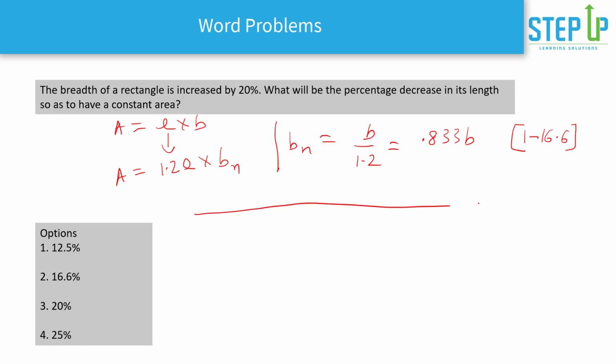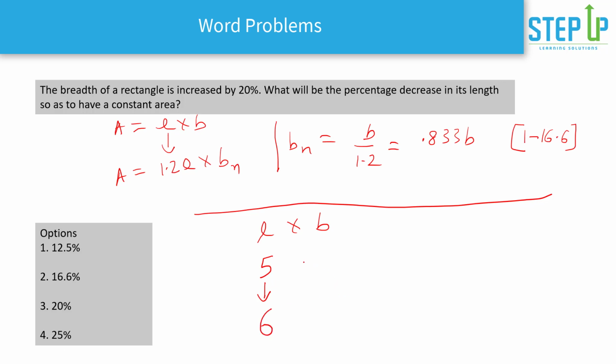Now, you know how I will go about this question? I will not approach it like this. How I typically do is the moment I see 20%, so I'll say length into breadth, and they say it has increased by 20%. 20%, what comes to my mind? 5, 1 by 5. So that means I'll say let the length be 5, and it has increased by 20%, which is 1 by 5, it has become 6.